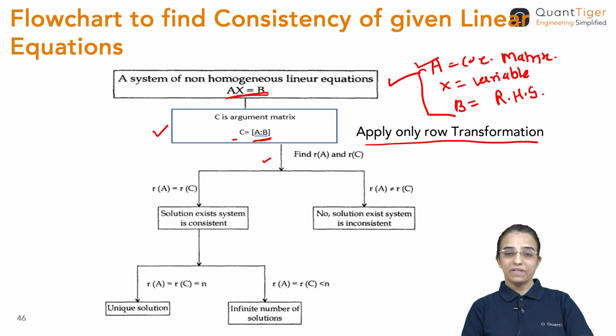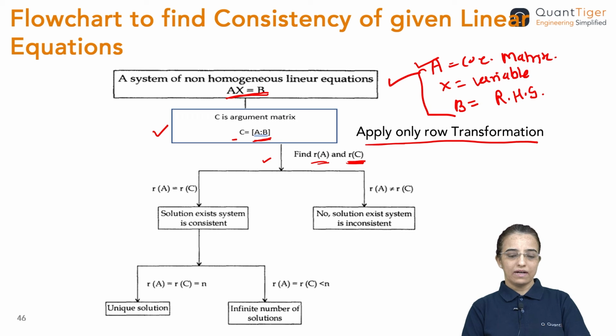Keep it in mind, we only have to apply row transformations here, and we have to find R(A) and R(C), the row rank of A and the row rank of C. Row rank means the number of non-zero rows in that matrix, that we will be counting, and that becomes the row rank of matrix A. Similarly we will find the row rank of matrix C. Same thing, the number of non-zero rows after applying these row transformations.